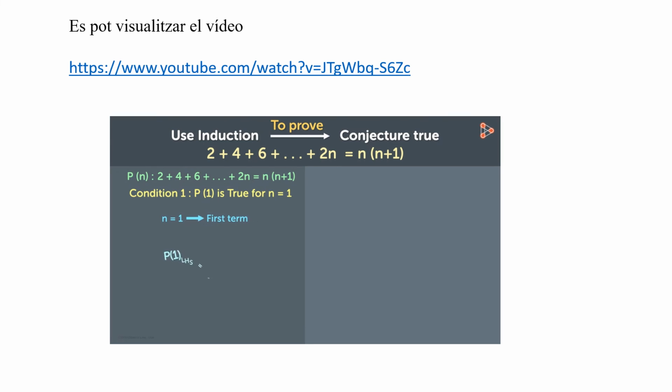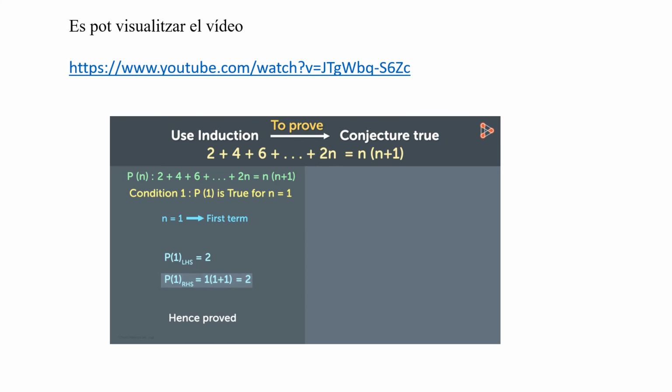So P of 1 for the left-hand side is 2. Now we move on to the right-hand side. P of 1 for the right-hand side will be 1 multiplied by 1 plus 1. This is 1 times 2, which equals 2. Therefore, P of 1 for the right-hand side is also equal to 2. The first condition is done.